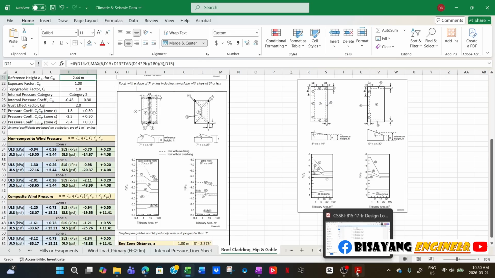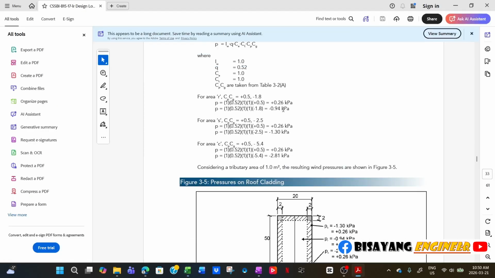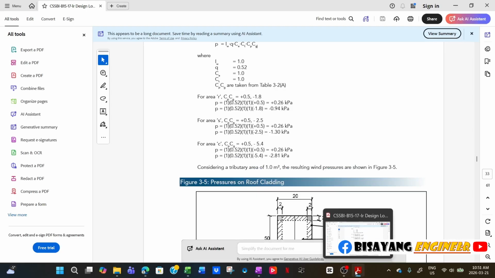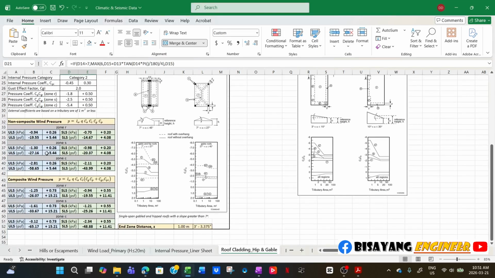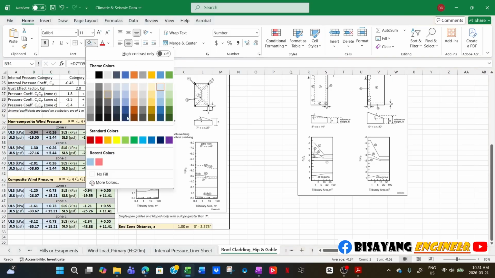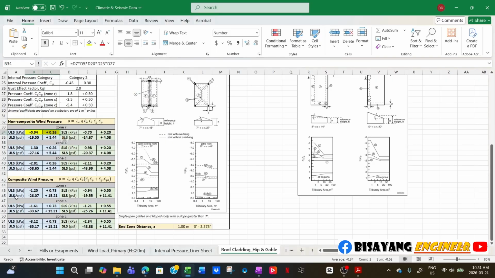So on this one, for R, that's 0.26 and 0.94. And if you look here in the spreadsheet, 0.96, 0.26 and 0.24, this one for zone R, that one.